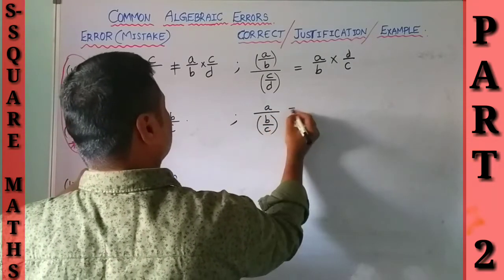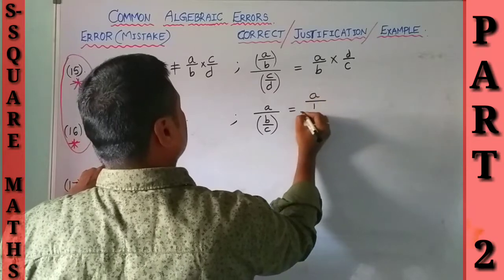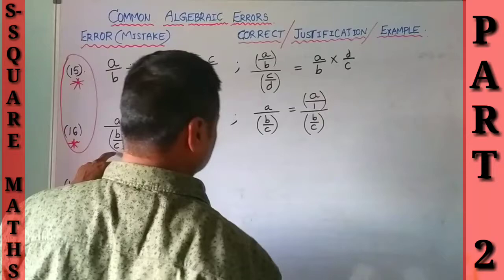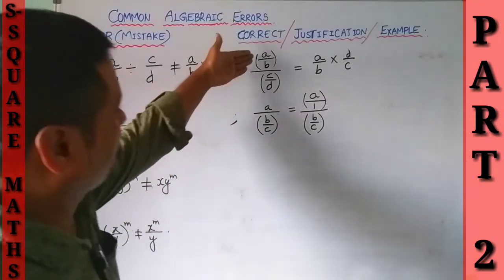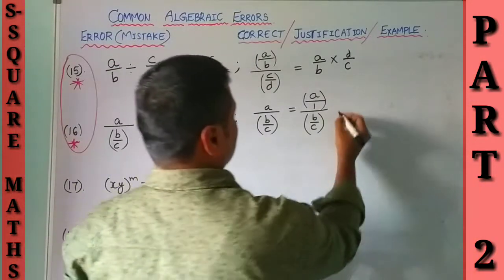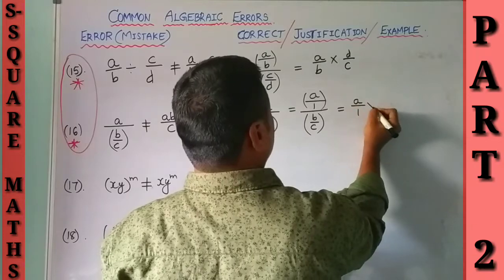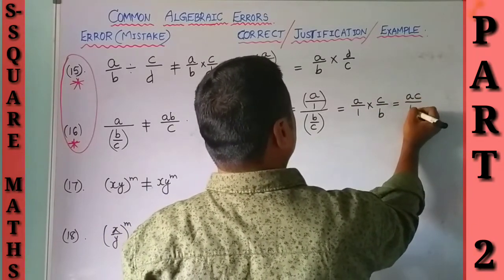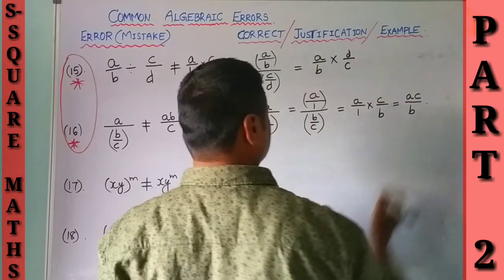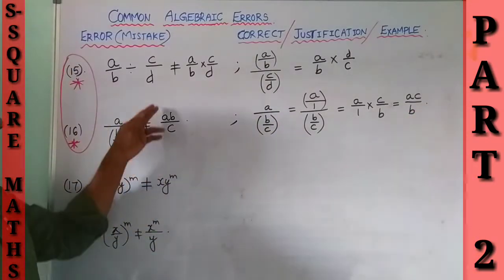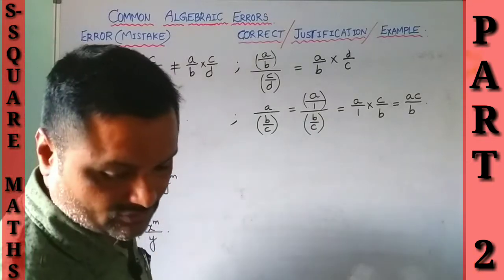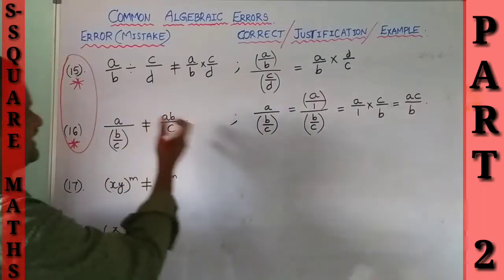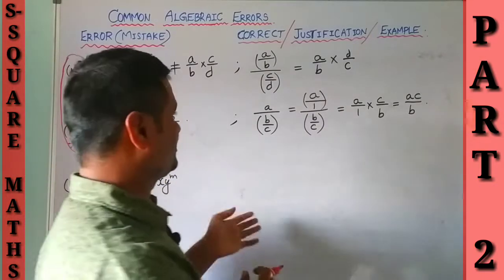Now I can write here A by 1 by B by C. Applying this formula, I can write A by 1 into C by B. Finally I can write AC by B. A into C is AC by B. Here I have written AB by C. So obviously A by B by C is not equal to AB by C. So please be aware.